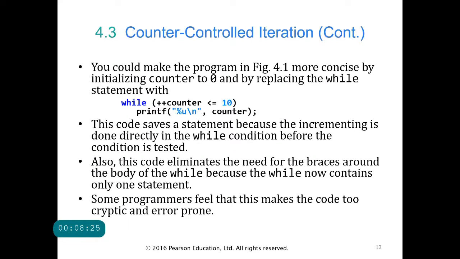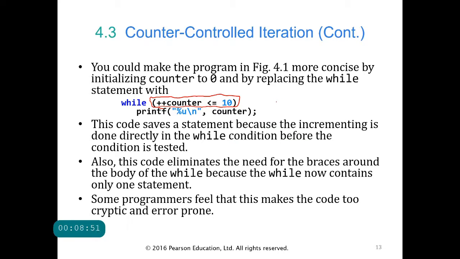One more thing that you could have done is put your increment statement inside your while statement. In fact, you could have put it inside the condition part of your while statement. Now, what does this do?